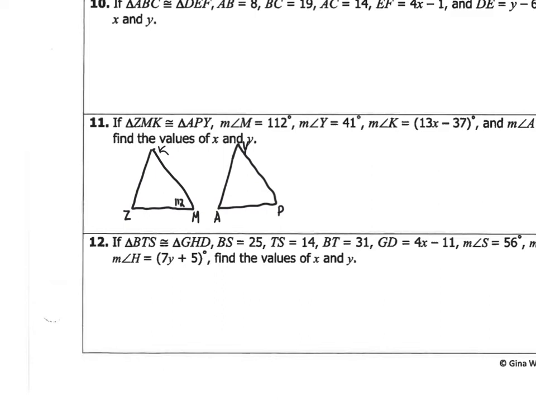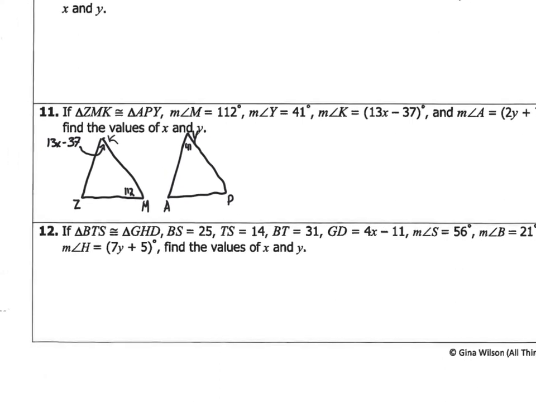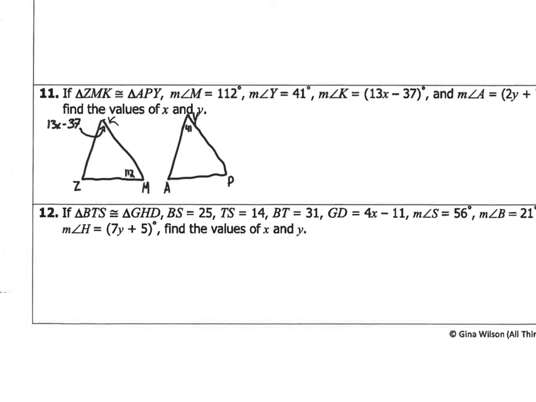Measure of angle Y is 41. Measure of angle K is 13x minus 37. And the measure of angle A is 2y plus 7.